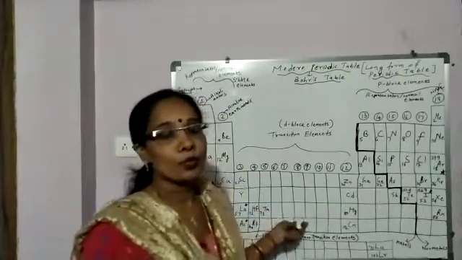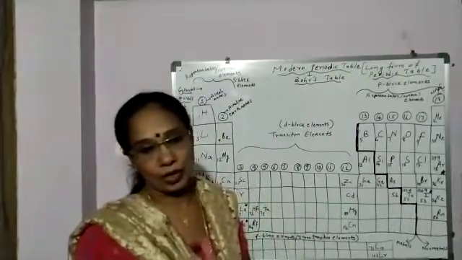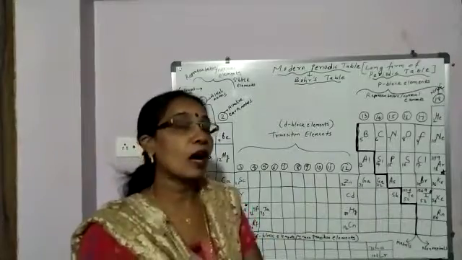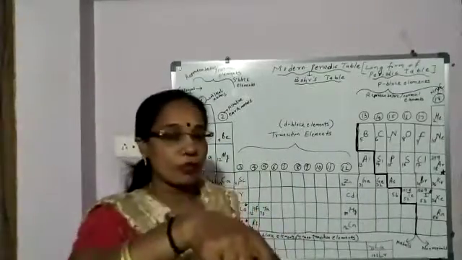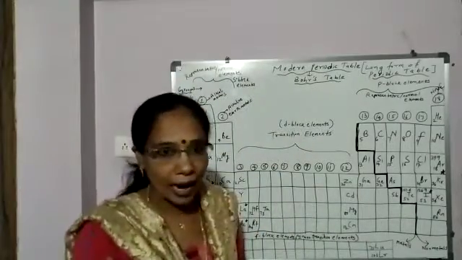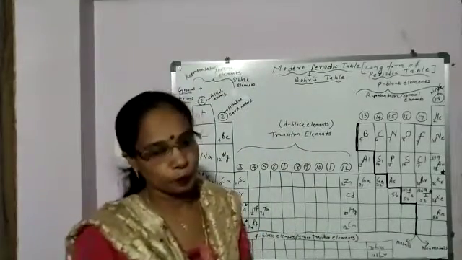Meaning how many groups are there? 18 groups. And in Mendeleev's periodic table, how many groups were there? 8. And after the discovery of noble gases, the 0 group was also added at the last, after the 8th group.